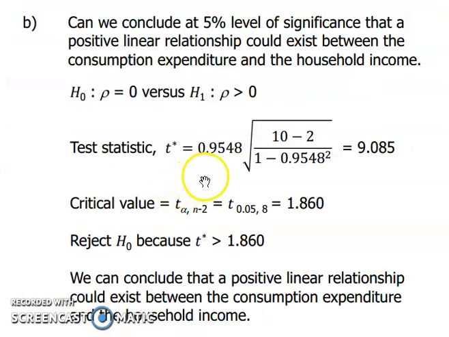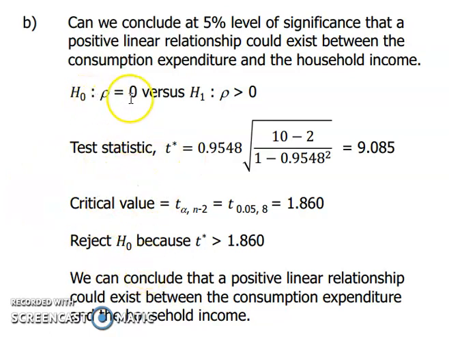From the previous example, we concluded that there exists a very strong positive linear relationship between the two variables based on the value of the correlation coefficient. But if we want to make a statistical test of it, to conclude that there exists a positive linear relationship between the two variables, we can do a formal test by stating the null and H1, then the test statistic, the critical value, and then the decision.